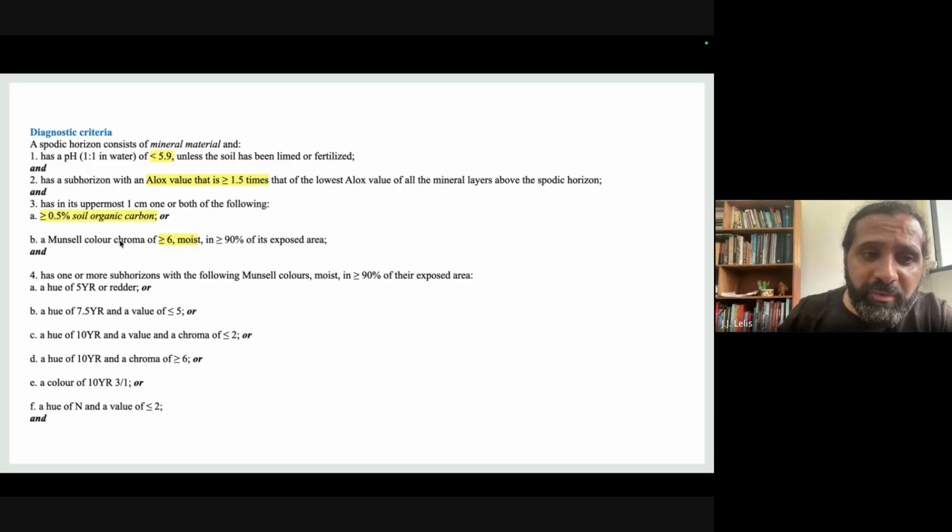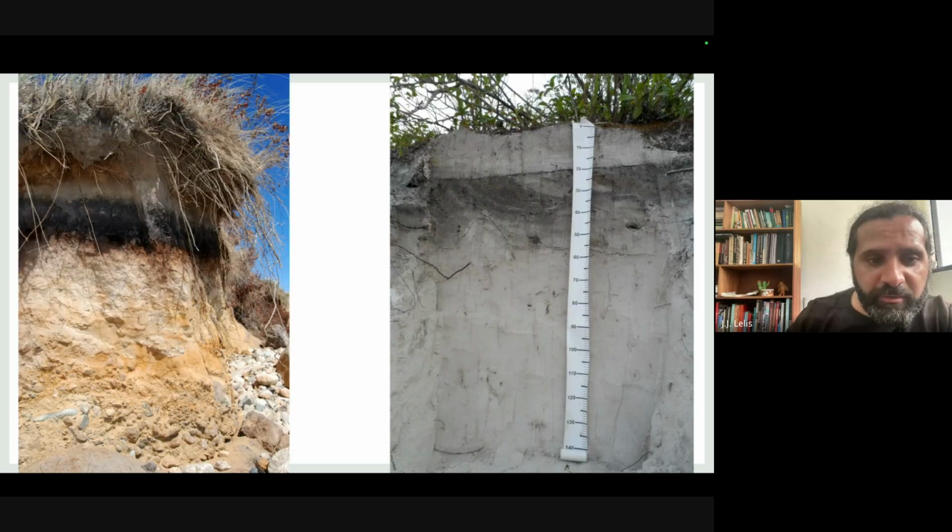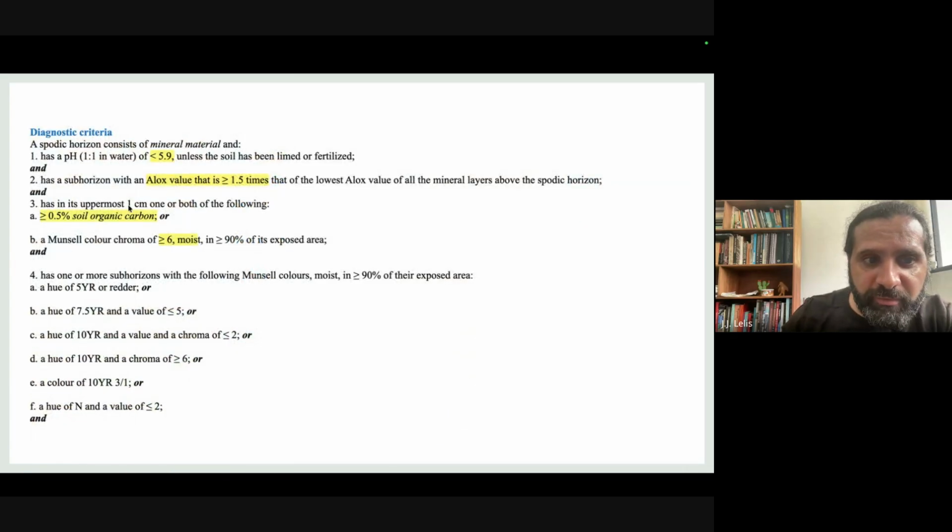Okay, because a chroma equal or higher than 6 means that this color is quite intense. So you have a very strong reddish color or a very strong yellowish color like these ones, for example, which express the migration of aluminum and iron. So the two options are: in the first centimeter, register at minimum 0.5% of organic matter, or you must register strong colors, very high chroma.